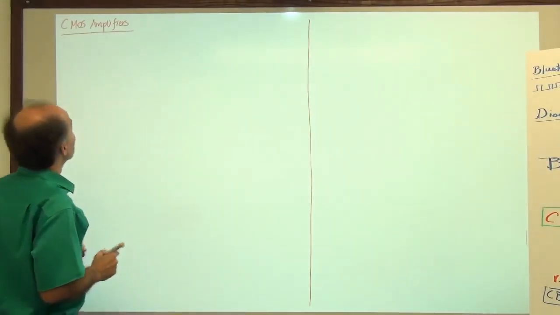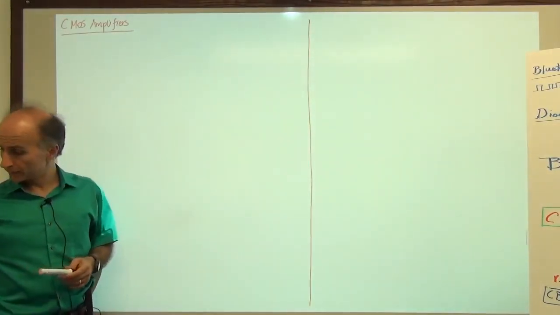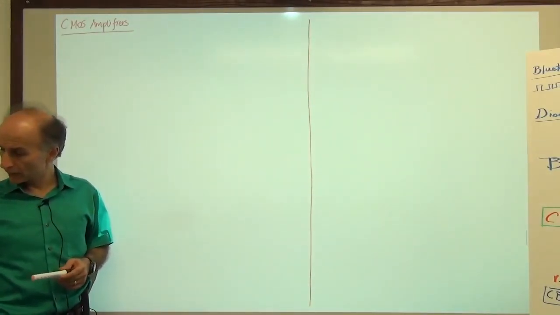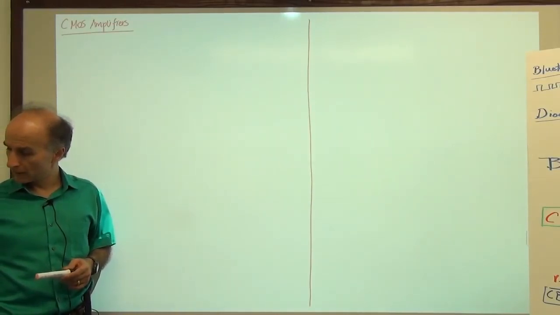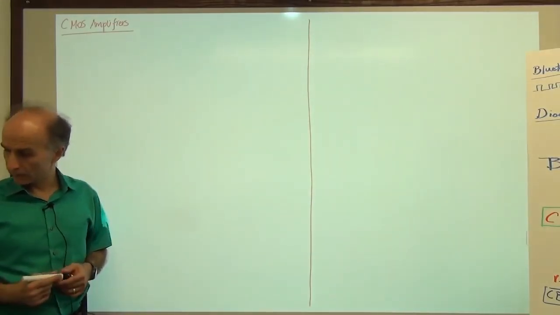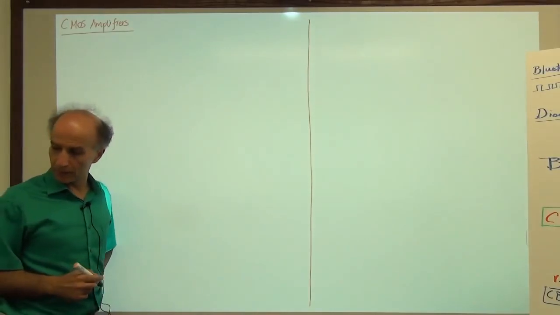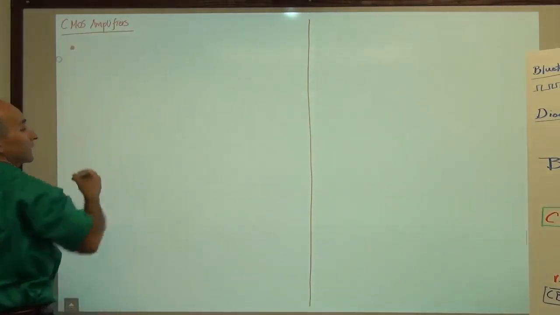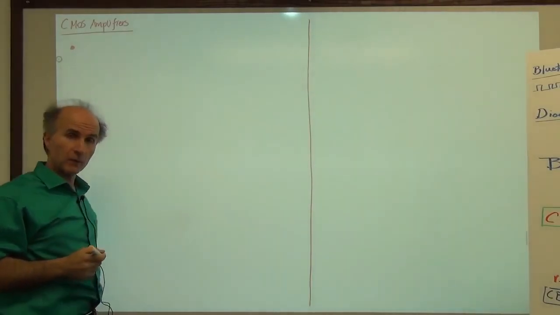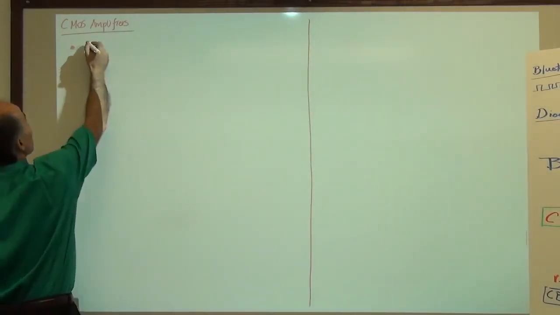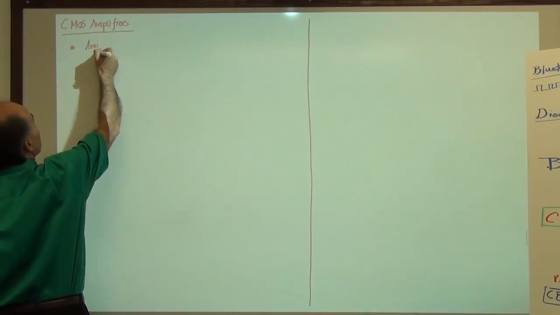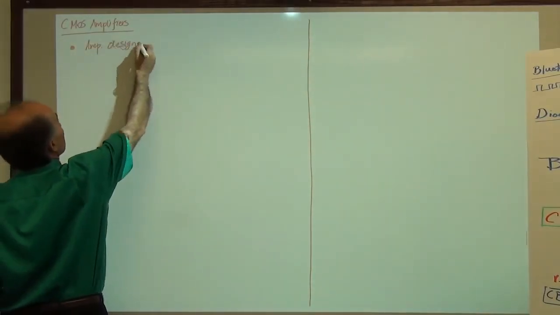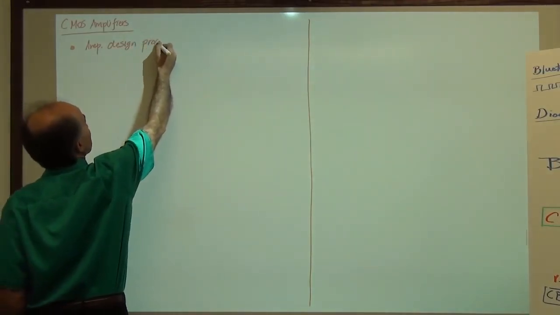Okay, so to study amplifiers, the first thing that we will try to do is this. To build and design amplifiers, this is what we need to do. Amplifier design procedure.